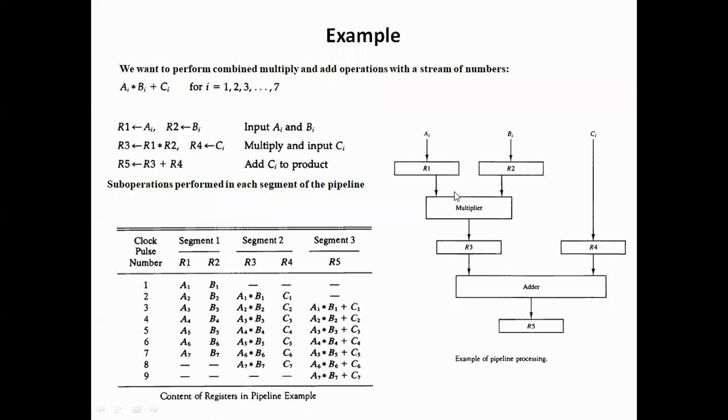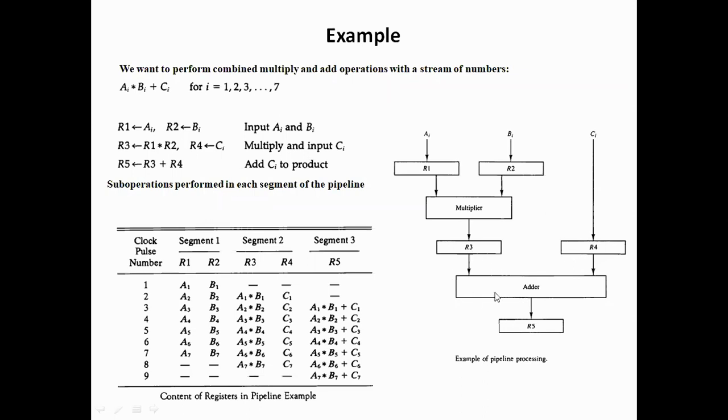When the multiplication of A1 and B1 will be occurring, we will make sure that this part doesn't remain idle. At the same time, we will do the reading of this A2 and B2. In the next clock pulse, we will have A1 into B1 here and C1 here.